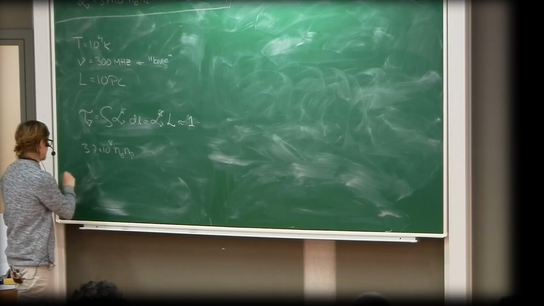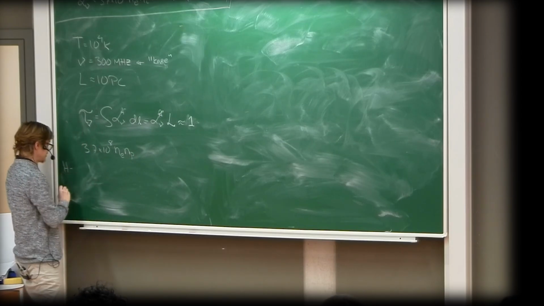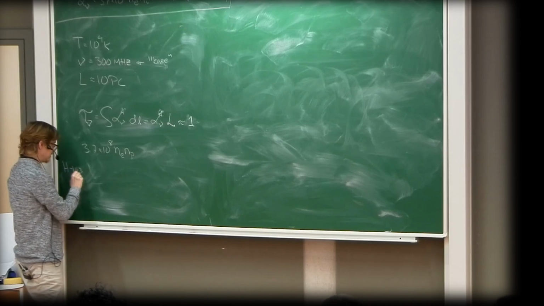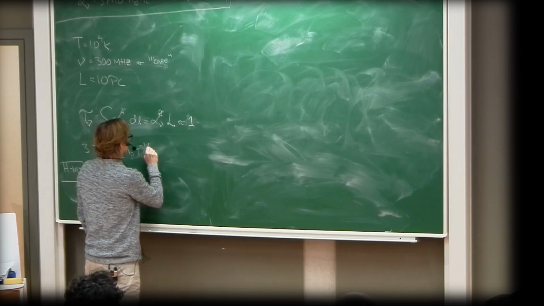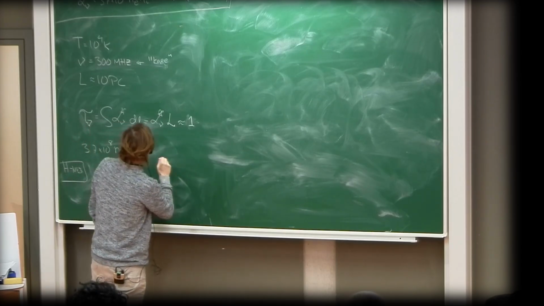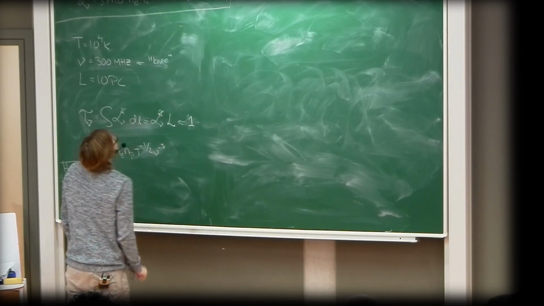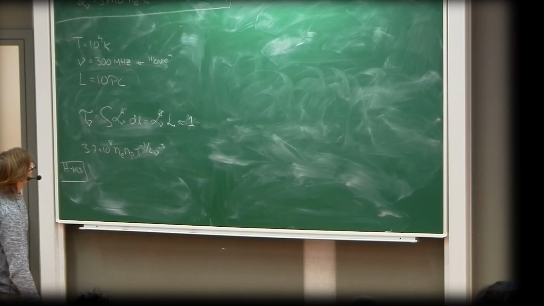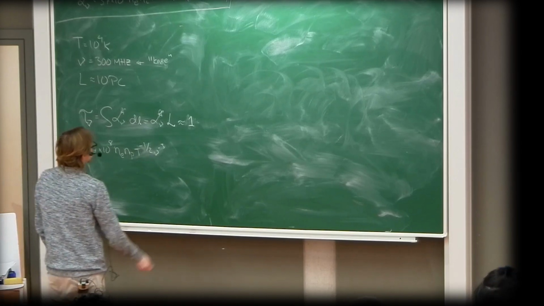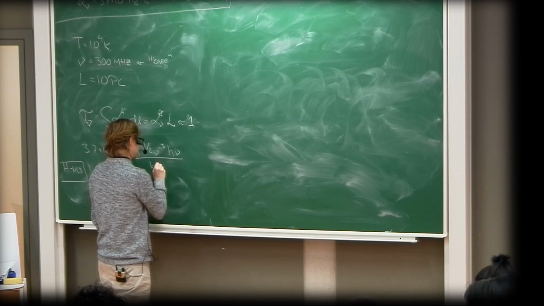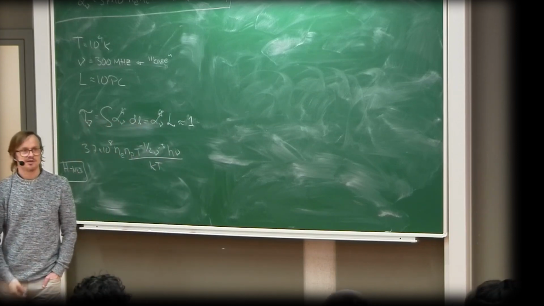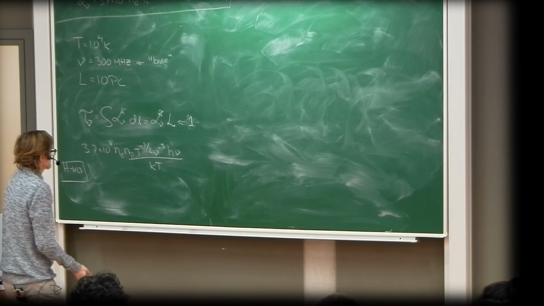We're going to assume that it's a hydrogen nebula, times T to the minus 1/2, nu to the minus 3, and then we have this factor. But again, we can assume that we're in the Rayleigh-Jeans tail, so we just get this, and this we're just going to set to unity.